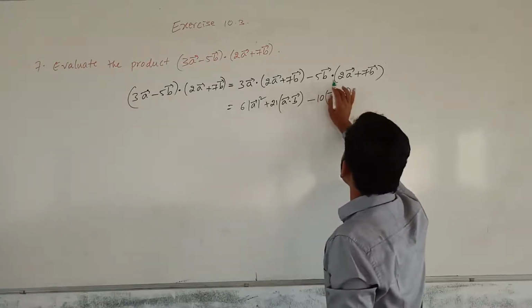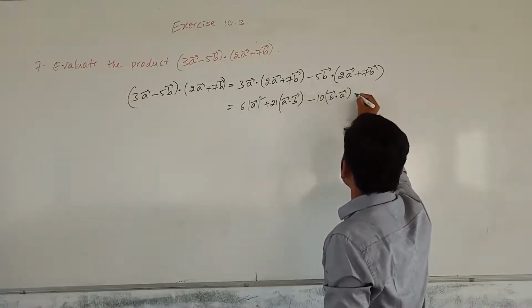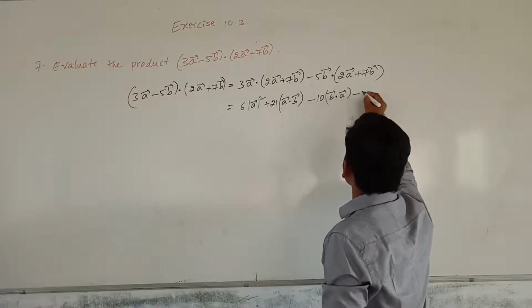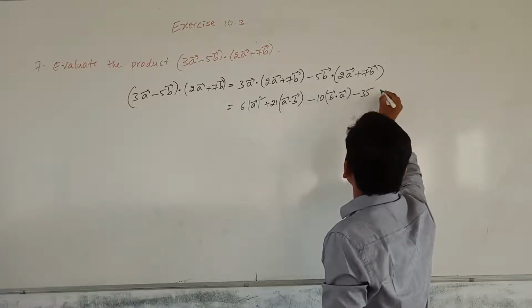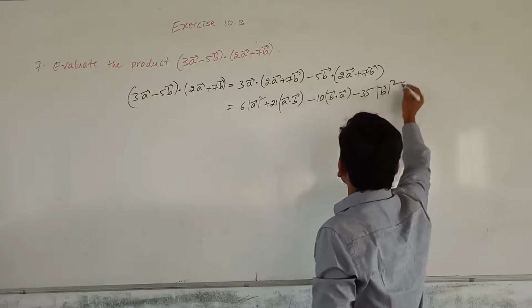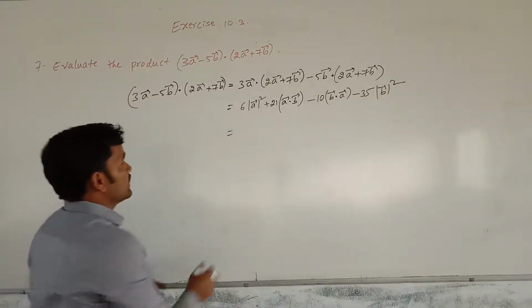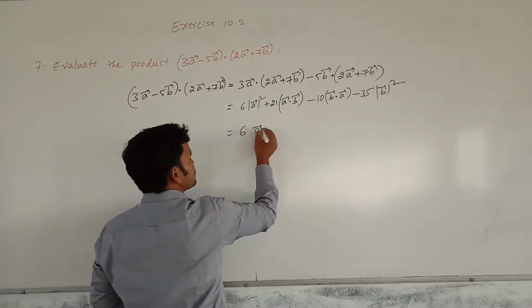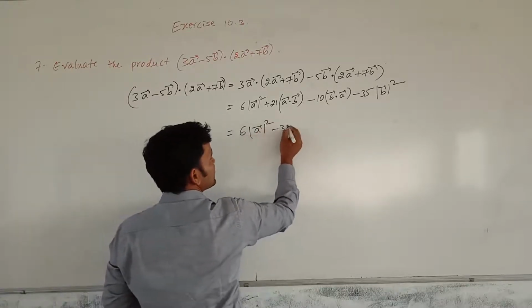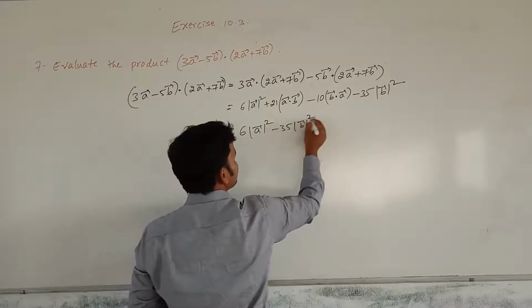Next minus 5b with 7b. Minus into plus, minus 5 sevens are 35, B dot B is magnitude of B square. So we have here 6 times magnitude of vector A square minus 35 times magnitude of B square.